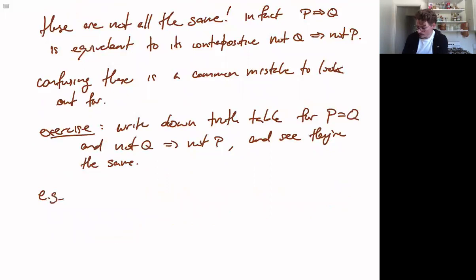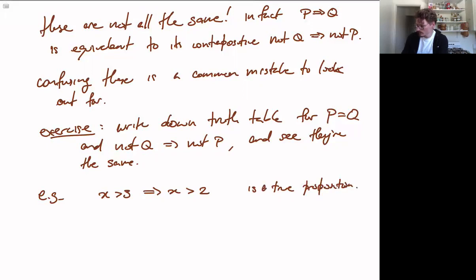So x is greater than 3 implies x is greater than 2. This is a proposition, and it is true. Right? If a number is bigger than 3, then certainly it's also bigger than 2.